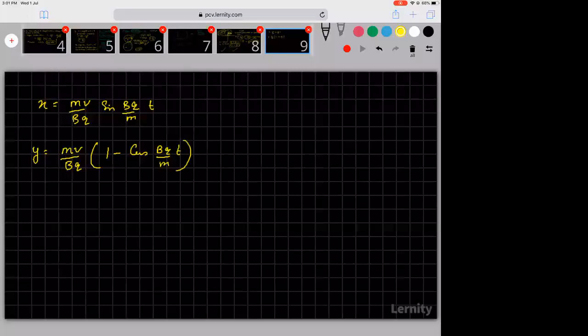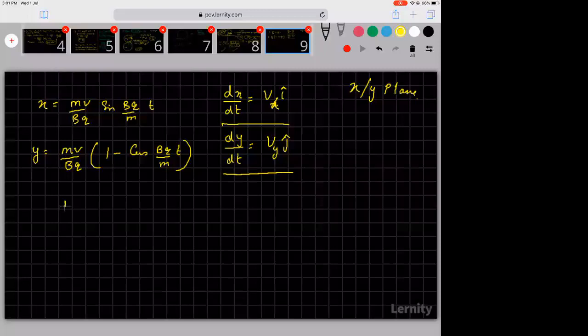Now once you reach this level, can I say that dx by dt is the x velocity, vx i cap, and dy by dt will be equal to vy j cap? Very clearly the body is moving in the xy plane, and I can get the x velocity and y velocity. So let me do some small differentiation.